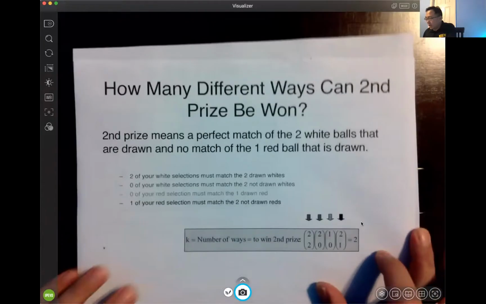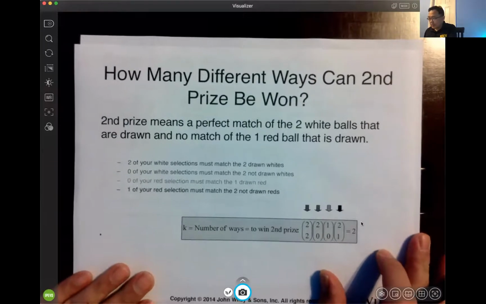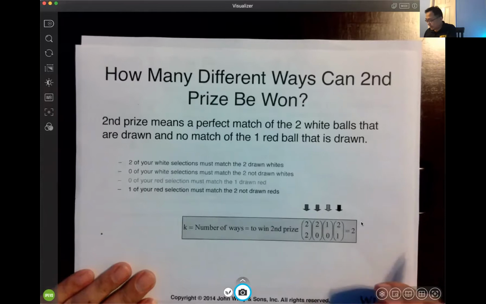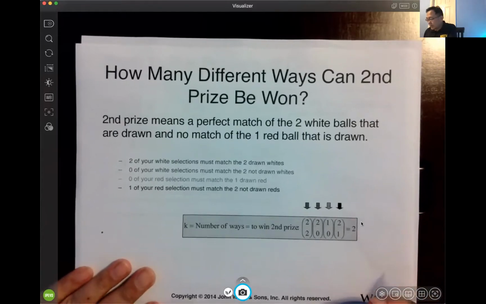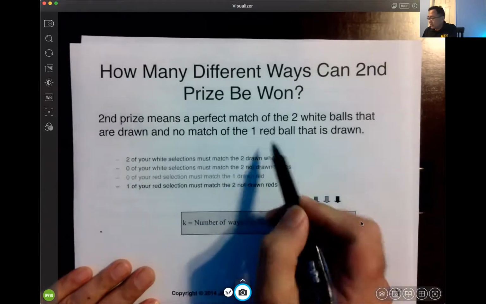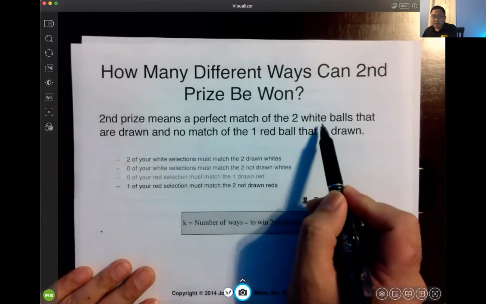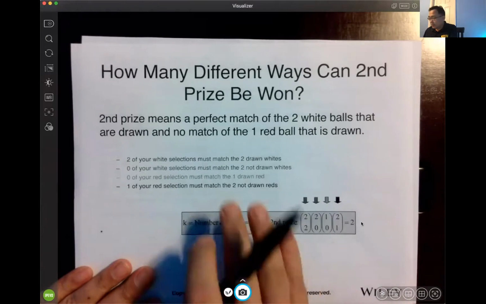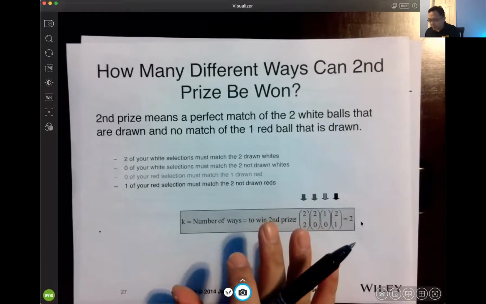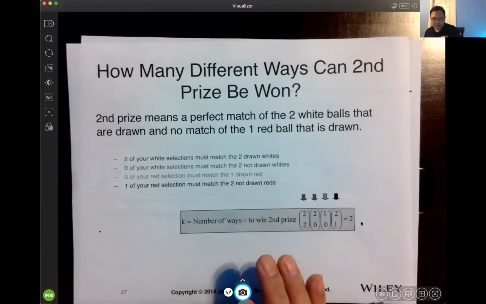Now, how many ways can I earn the second prize? For the second prize, it means that we need the two white balls to match, but the red ball doesn't need to match.